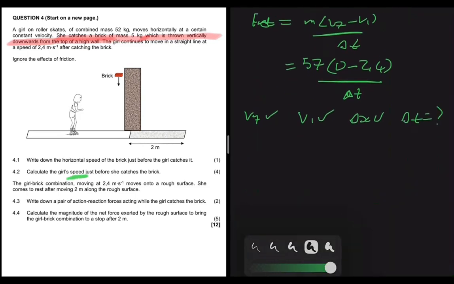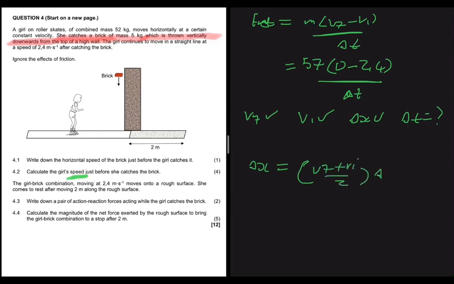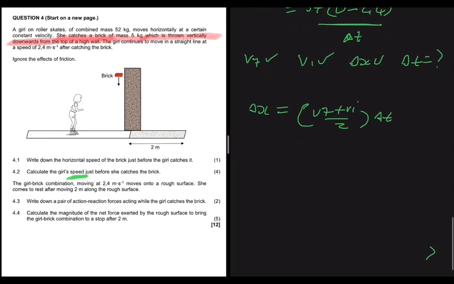So which formula can we use to find delta t? It should be easy to see that delta x equals vf plus vi divided by 2, multiplied by delta t. Very rarely do we use this formula, but look at us now, we have to use it. So delta x is 2, vf is 0, vi is 2.4, divided by 2, multiplied by delta t.